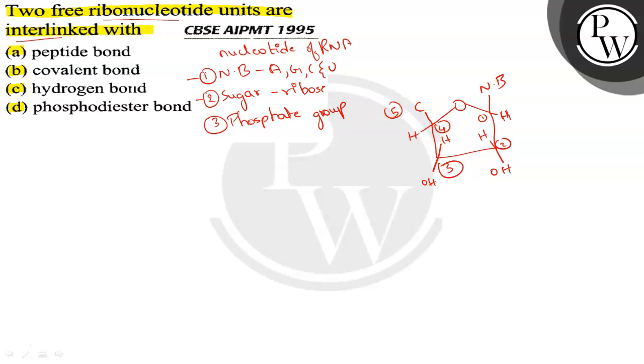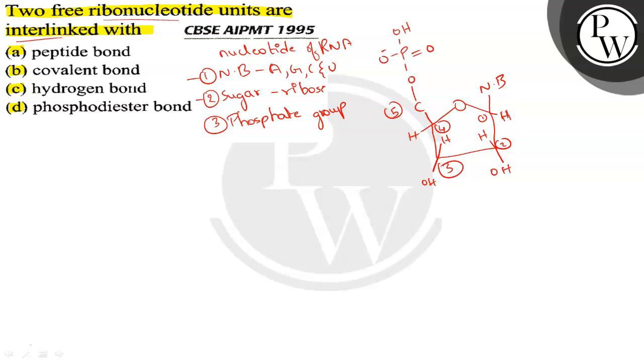And we have here on the fifth carbon the phosphate group arranged. So this is the phosphate group which is attached to the fifth carbon of the sugar molecule. So this is the structure of the nucleotide.